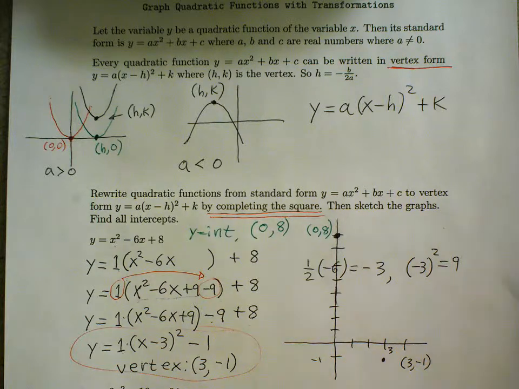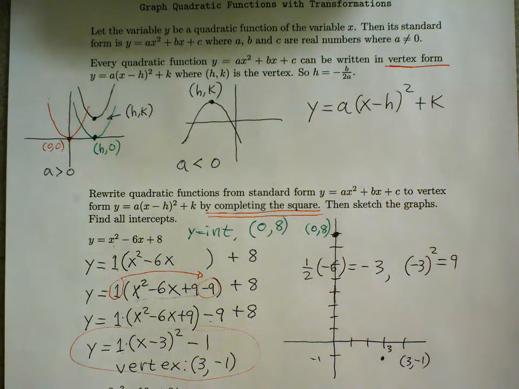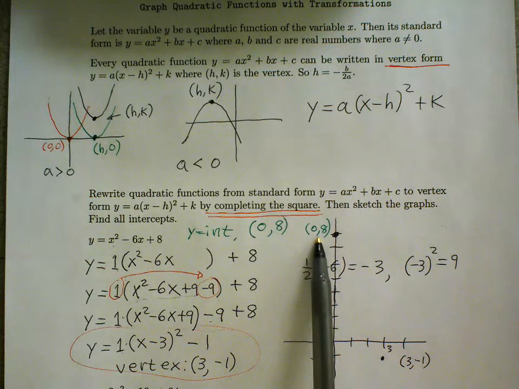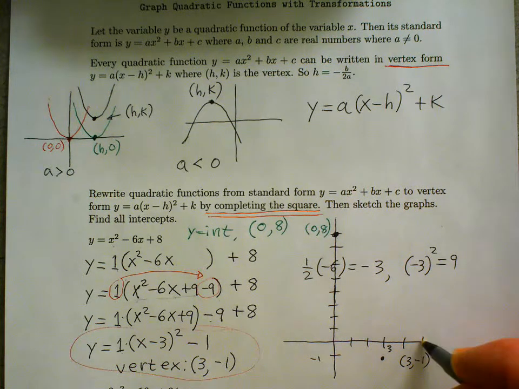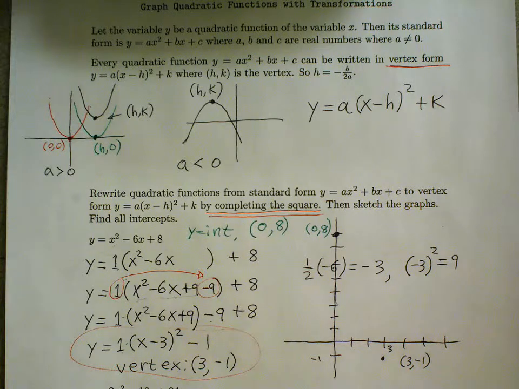We could use symmetry to find another point that corresponds to the y-intercept 0, 8. Can you tell what ordered pair that is? 6, 8. Yeah, the vertex 3.